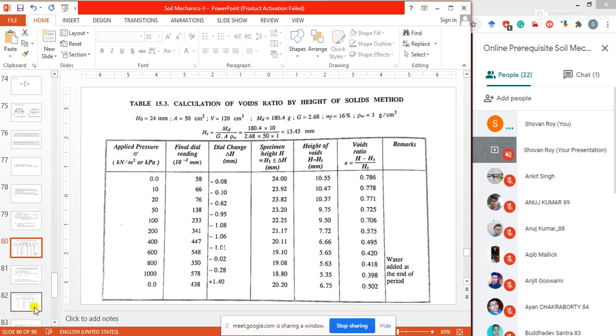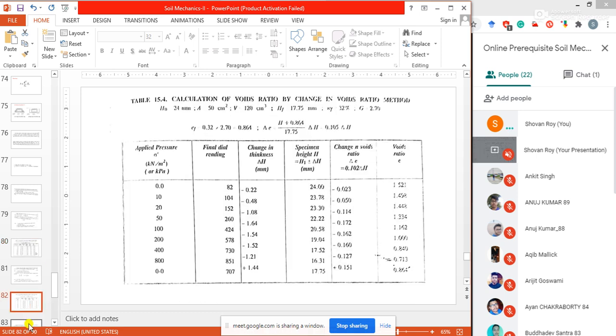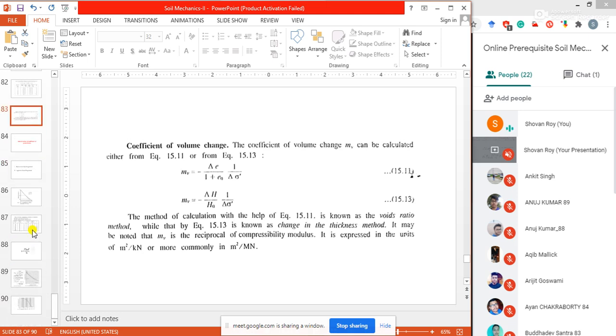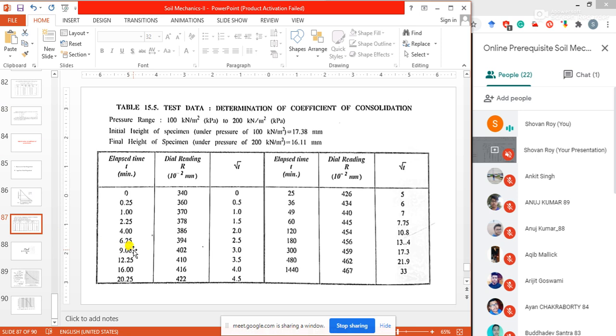These same values are maintained in our laboratory test. So you can also see the same values in this table to determine the coefficient of consolidation: 0, 0.25, then 1, 2.25, 4, 6.25, 9, 12.25, 16, 20.25.